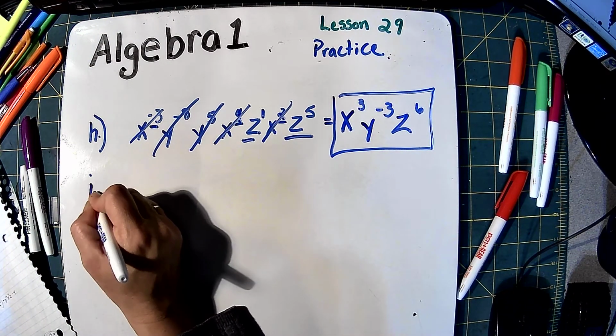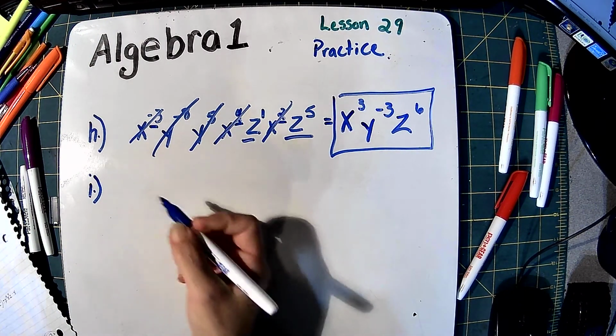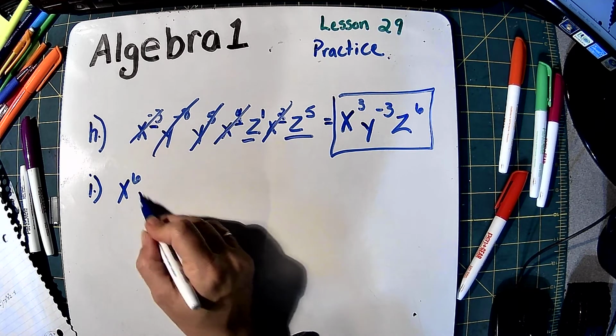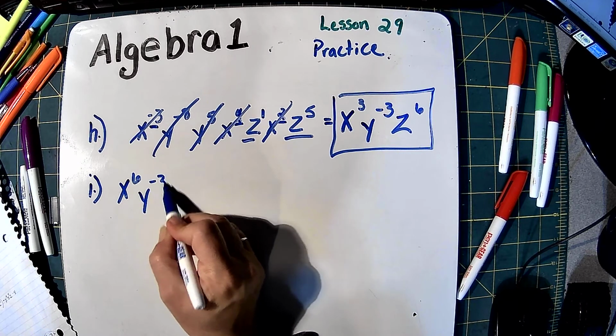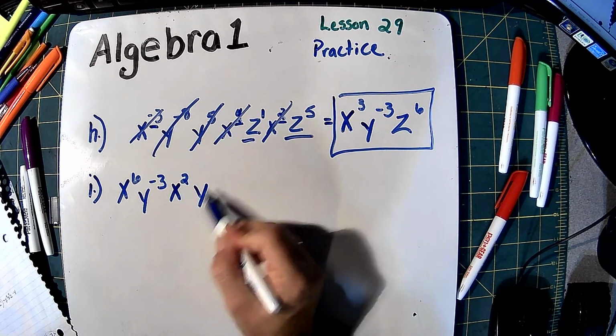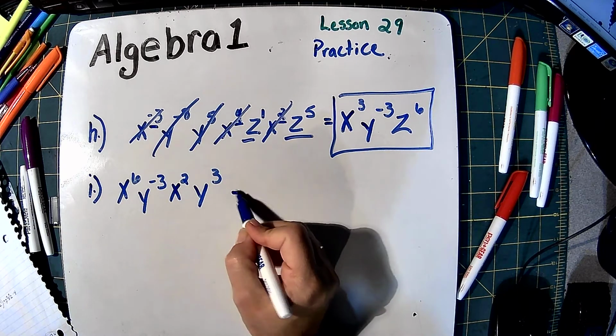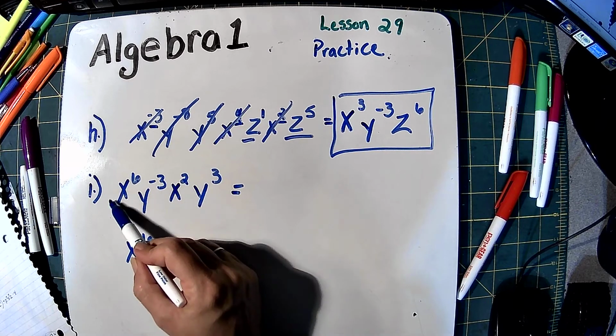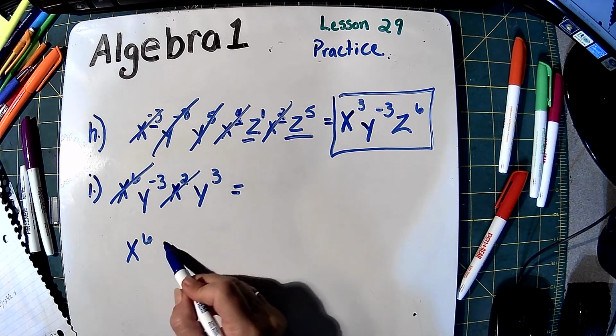I, this one had a lot of practice problems. X to the 6th, y to the negative 3, x squared, y to the 3rd. Okay, on this one, do my x's first. So I got x to the 6th there, x squared right there.